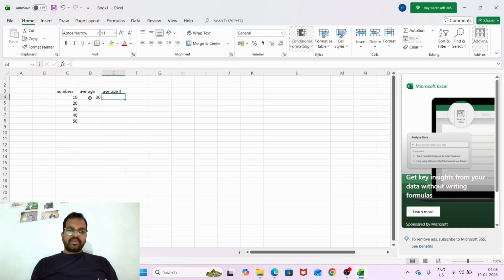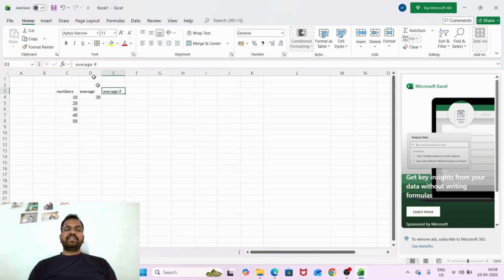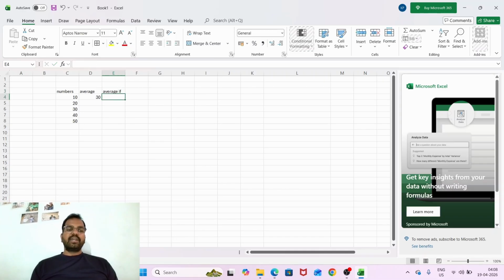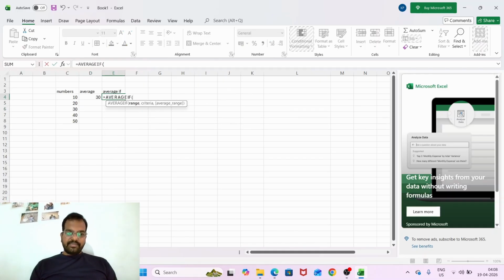When average if comes to the picture, see what it does. It comes with a condition. Wherever there is an if coming in our formula, just understand this is a condition with a formula. Suppose I want to take the average of these numbers, but the condition is wherever the number is greater than or equal to 30. Average if.